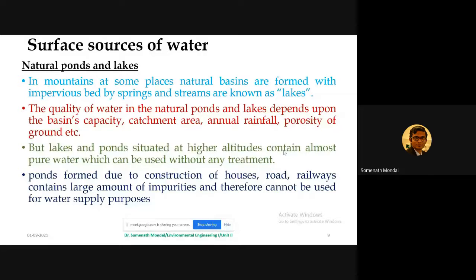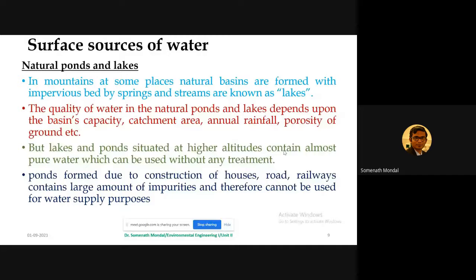So the quality of the water in these natural ponds and lakes depends upon the capacity of the basin, the catchment area, annual rainfall, porosity of the ground, and what minerals are actually present as the bed of that particular lake.